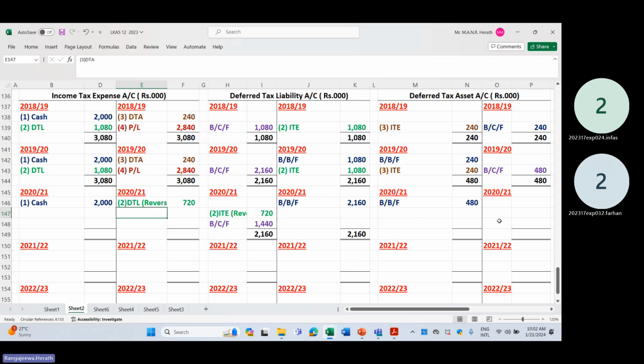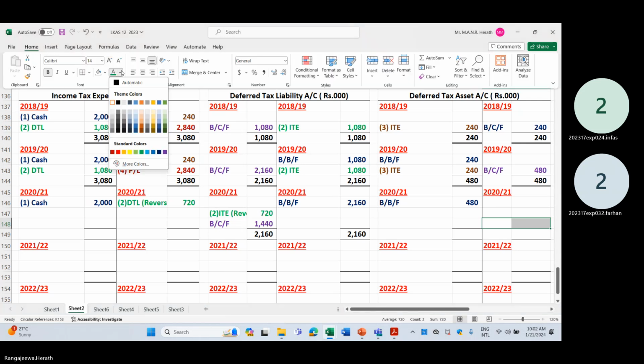Then the deferred tax asset carried forward balance at the end of the third year 720.